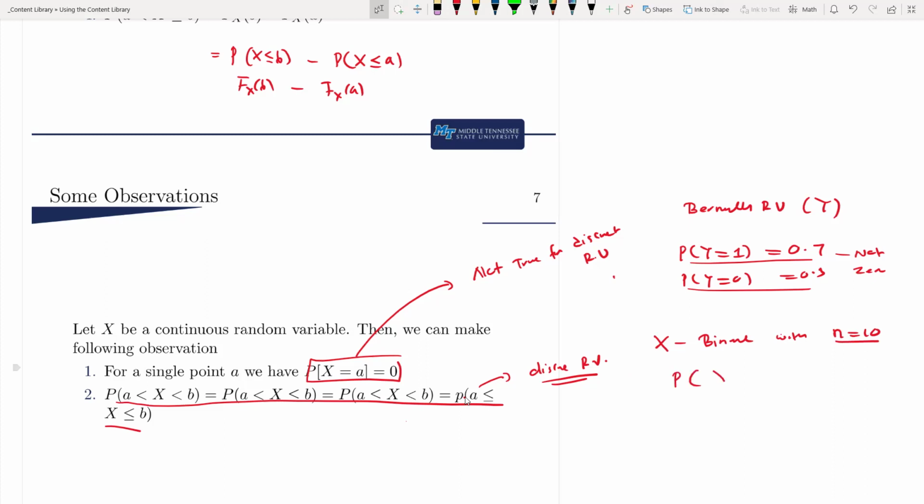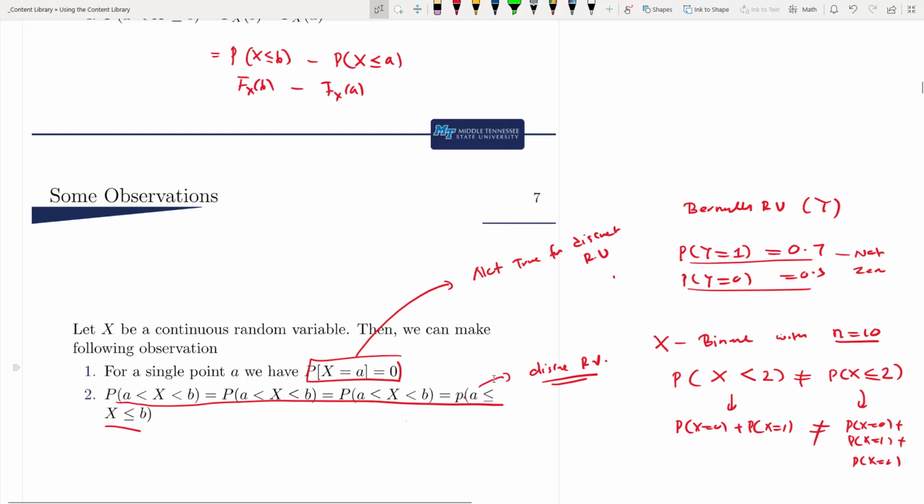So then if I try to write probability X less than or equal to 1, that is not the same as probability X less than or equal to 2, because this is basically probability X equals 0 plus probability X equals 1. But this one is probability X equals 0 plus probability X equals 1, but now you have one more, probability X equals 2. So these two are not the same. But in the continuous random variable case, they are going to be the same.